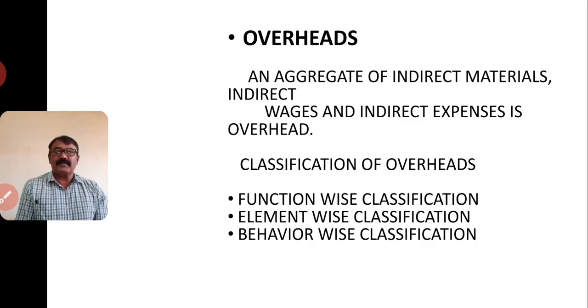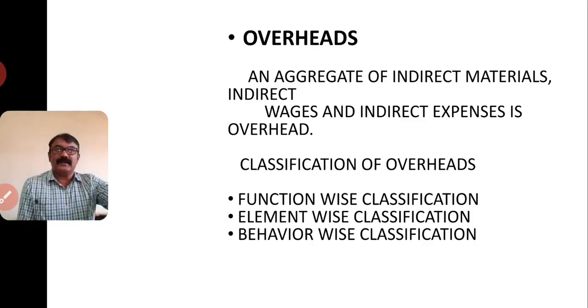Function wise classification means the overheads are classified according to function, like the prime cost, factory cost, administration, cost of production, cost of goods sold. Behavior wise means fixed, variable and semi-variable cost.